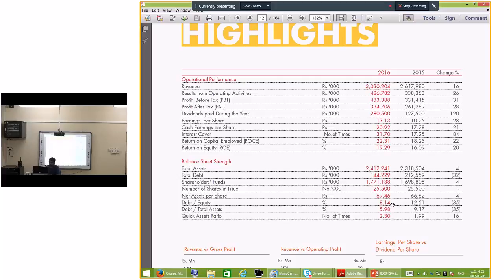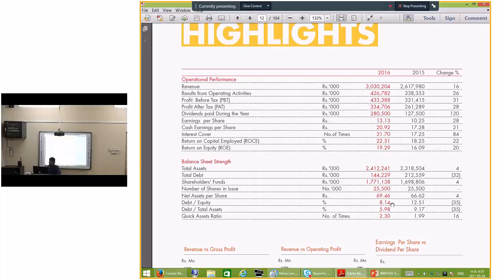Debt equity ratio previously 12.5, that means this year decreased by just 35%. That means low debt capital. Therefore it may affect that interest coverage too, right?